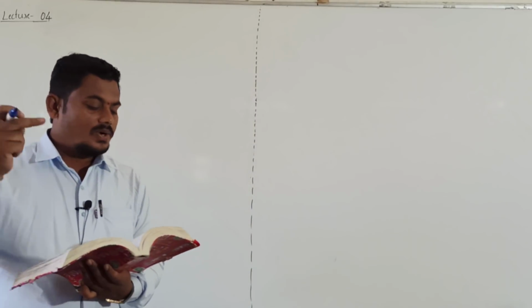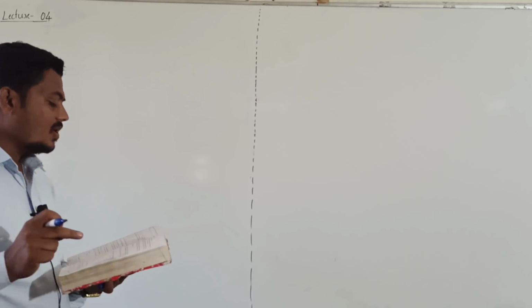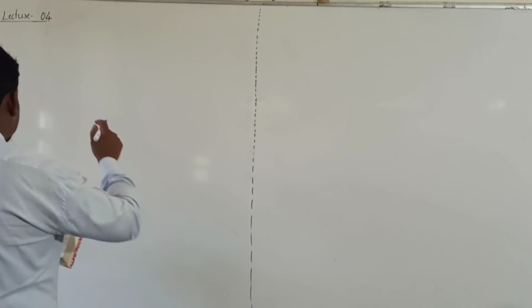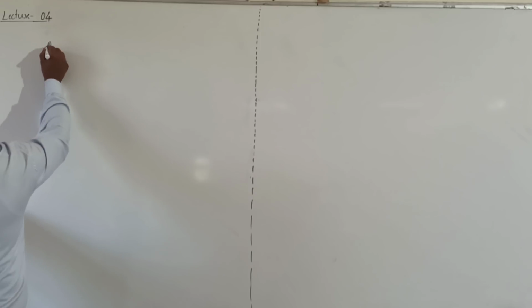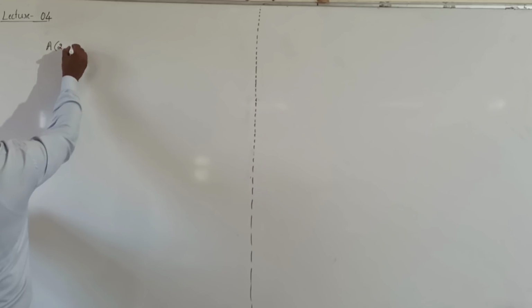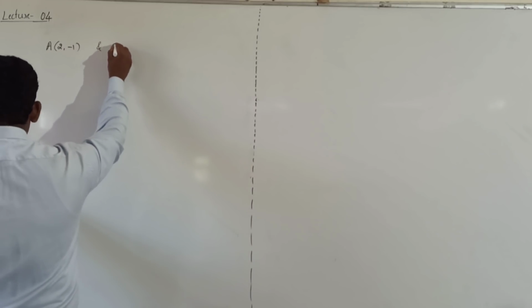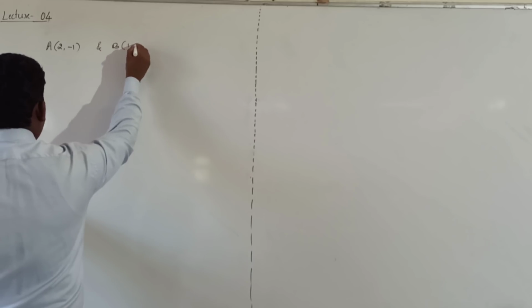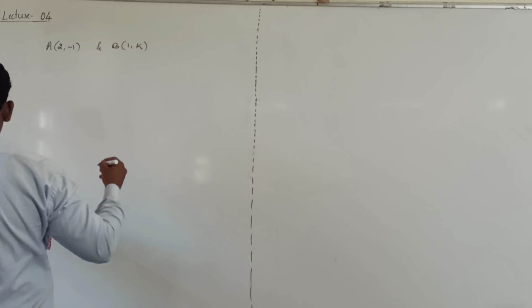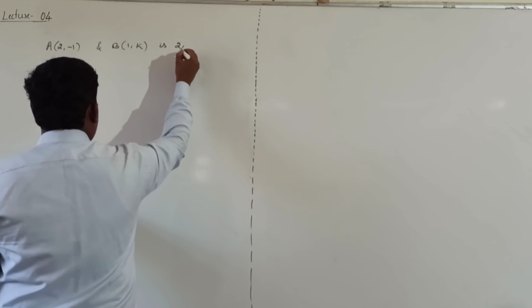Question: find the value of k so that the slope of the line joining A of 2 comma minus 1 and B of 1 comma k is 2 by 3.